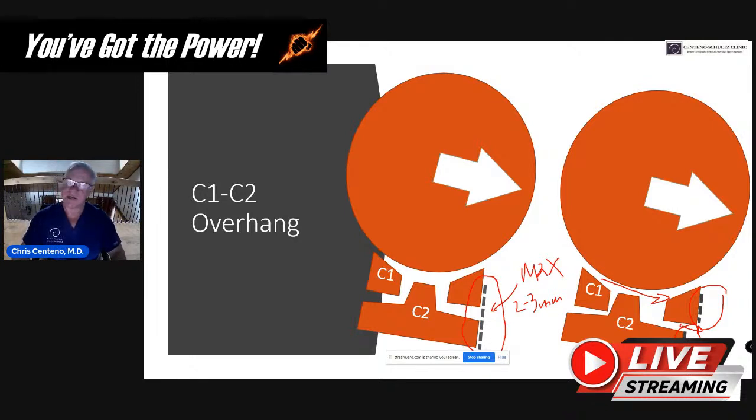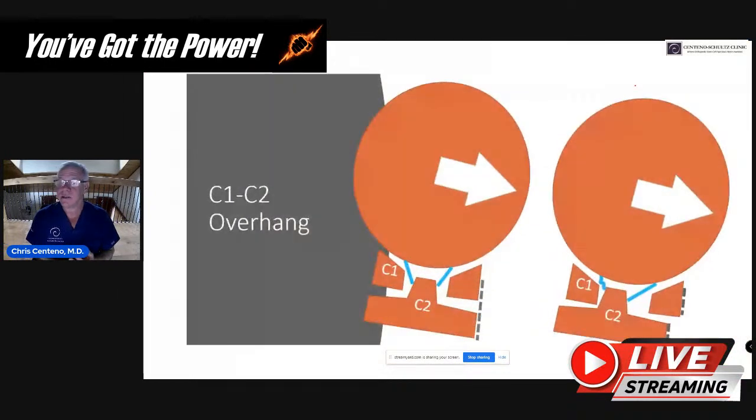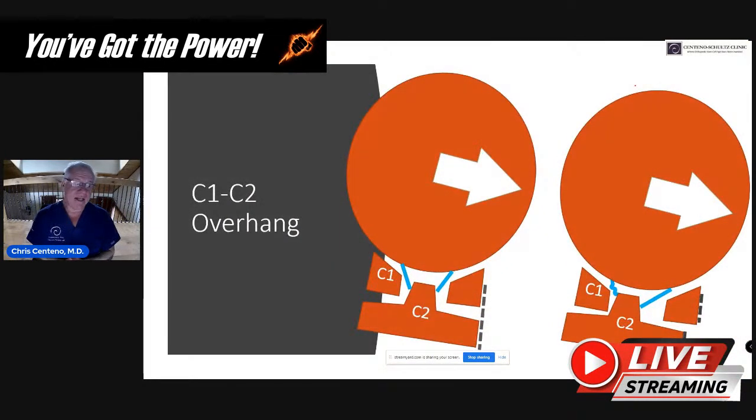Now, the big question is always, let's say we treat a patient, and I just had this happen this week. We had a patient who had a good amount of overhang, 5-6 millimeters. We did the first PICL procedure, and one side went from about 5 millimeters to normal, so no more C1-C2 overhang, but the other side didn't change much.